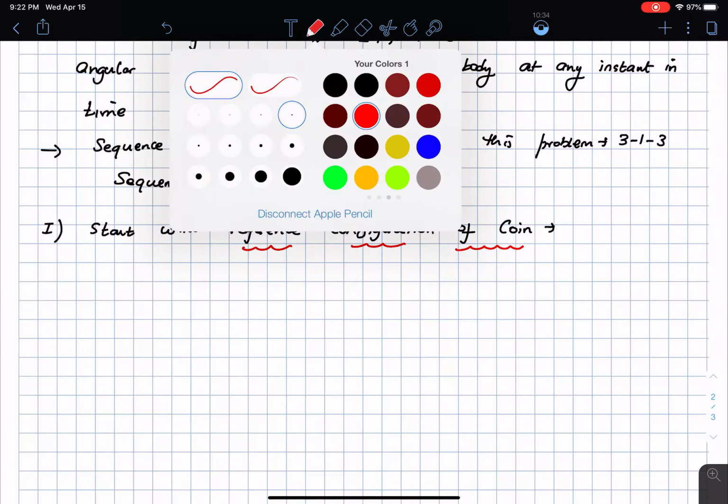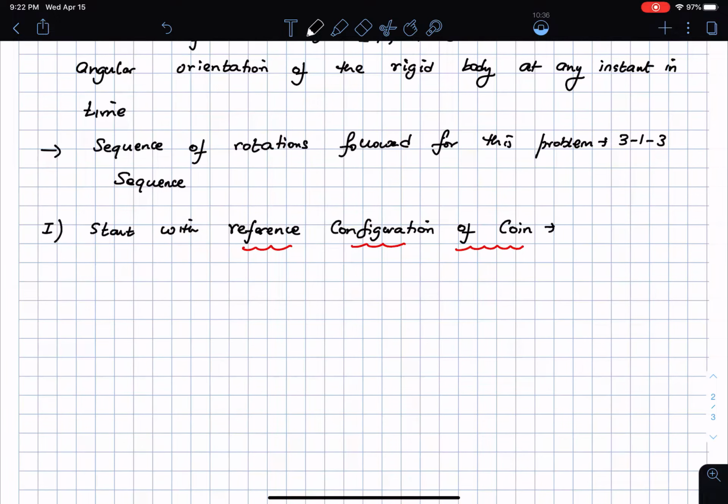In this position, the coin is called a sleeping coin, and in the reference position, the coin is lying flat on the xy plane.